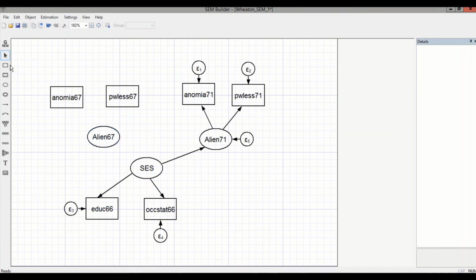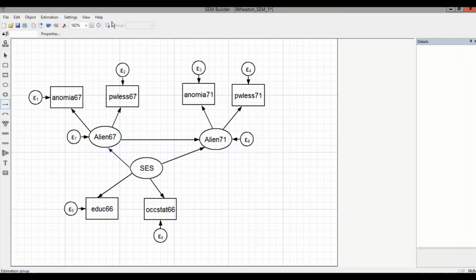And then we want to show paths. We think the alienation path is here, and it's going to affect these two observed variables, and obviously this is across time. So alienation 67 will probably affect alienation 71, and then we think socioeconomic status will affect that as well.